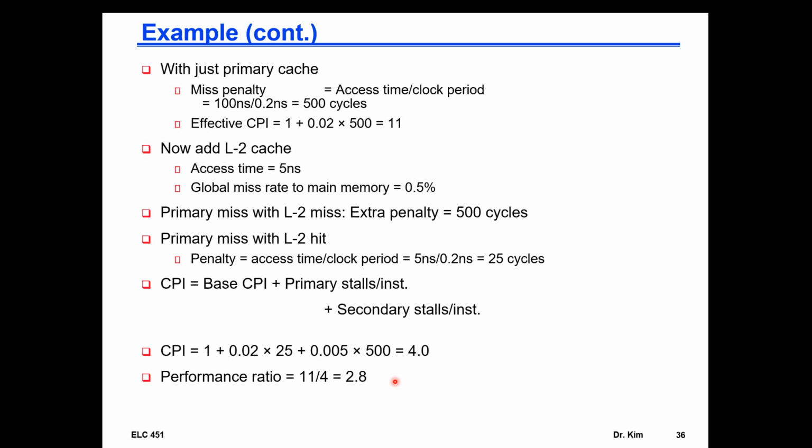And if you did the same analysis with level 3, what you will find is that you can now defer this 500, which is the DRAM access, to a level 3 miss, and level 3 is going to be much larger than level 2. So the miss rate is going to be much smaller than 0.5%, and it's going to affect the base CPI even less.